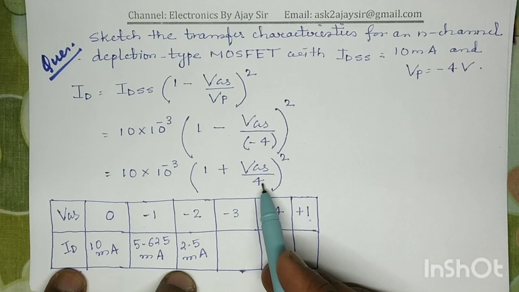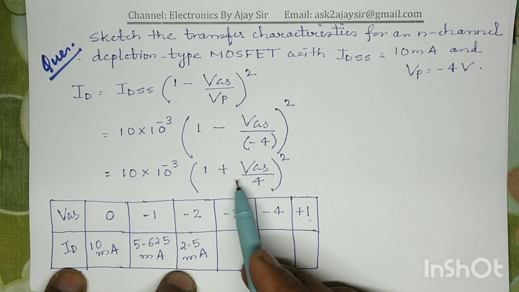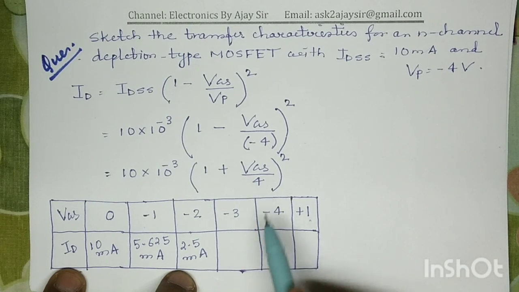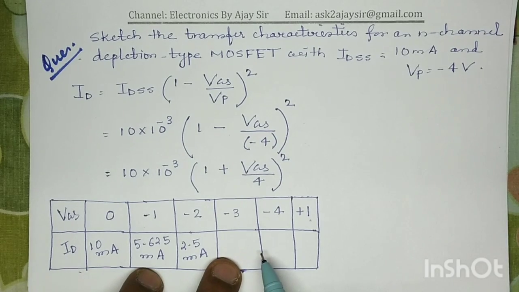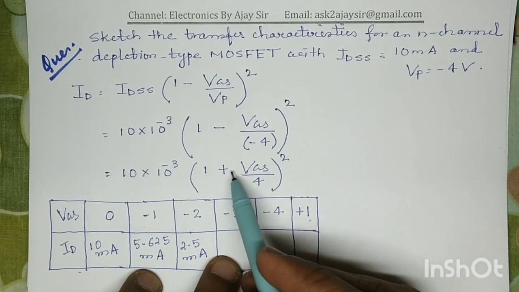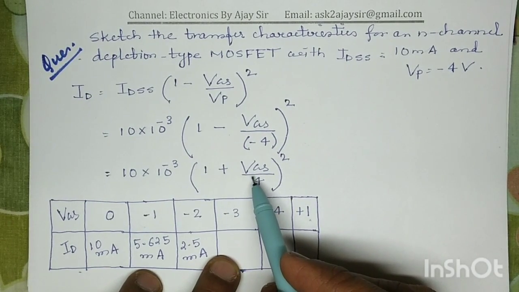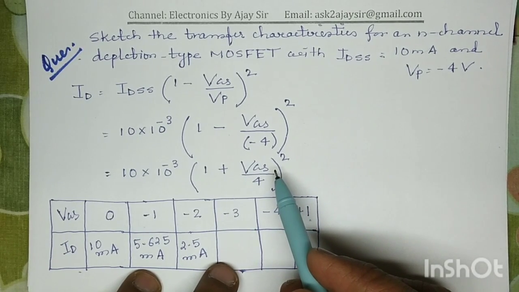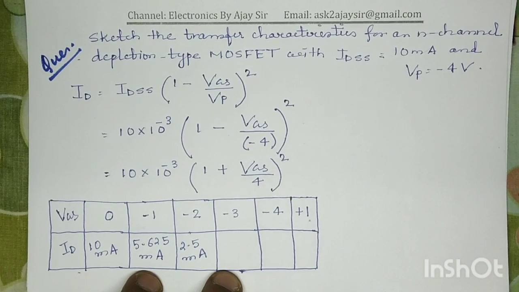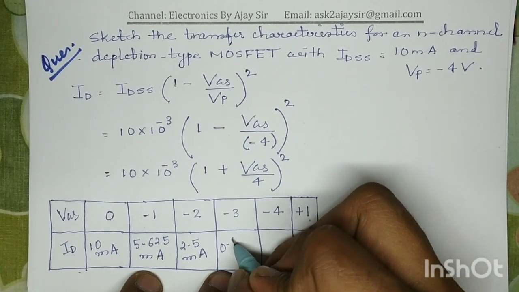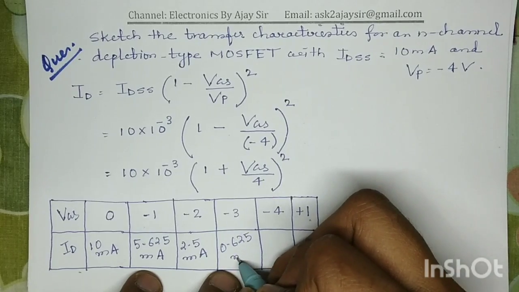Okay, for -3, it is 1 minus 3 by 4, so it becomes 1 by 4, square of it becomes 1 by 16. 10 divided by 16 is 0.625 milliampere.